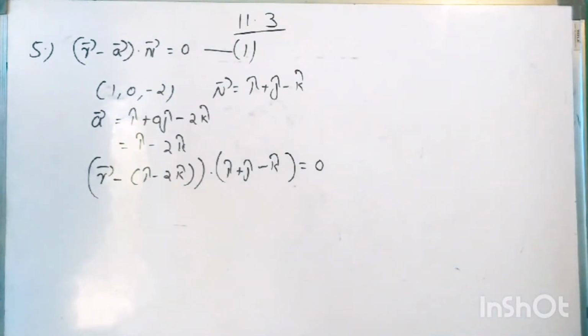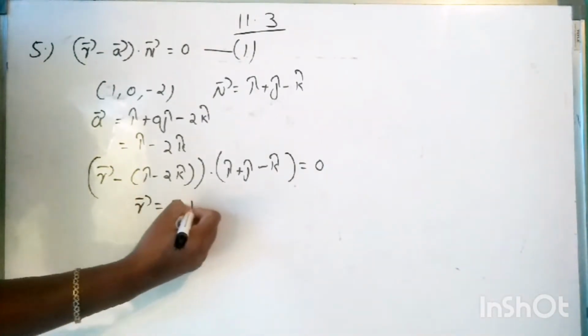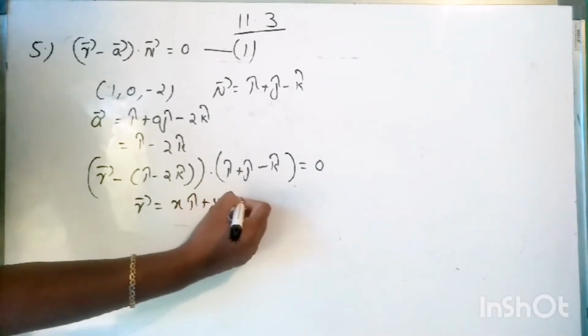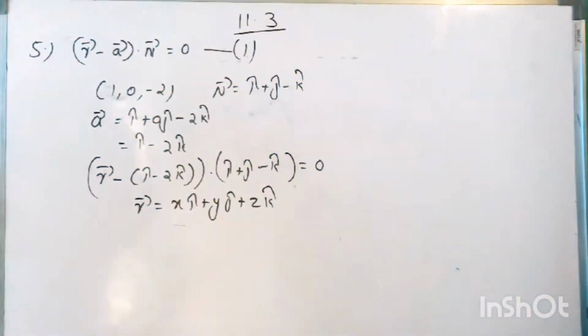This is our vector equation. Now we need to find the Cartesian equation corresponding to this. For that we put r vector equal to xi + yj + zk.